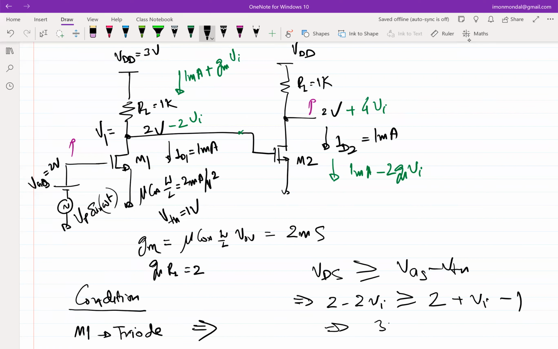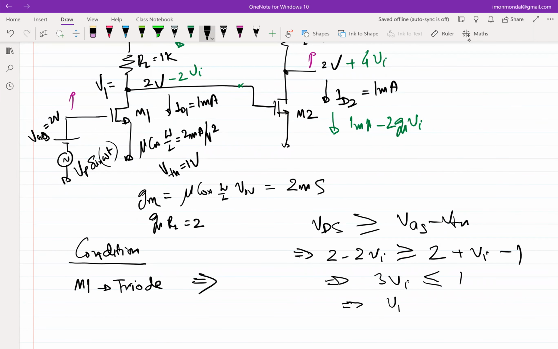Which means 3 VI should be less than 1. Correct? So VI has to be less than 1 by 3 volt, right? So for M1 going to triode, the condition that I'm getting is VP max equal to 1 by 3 volt.